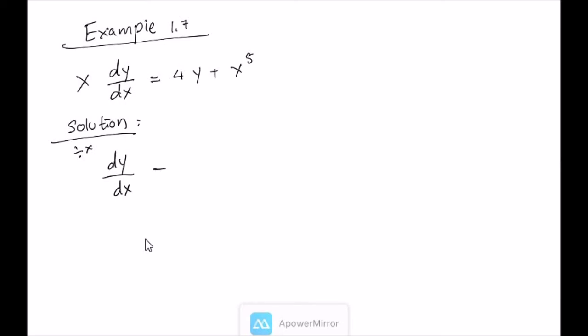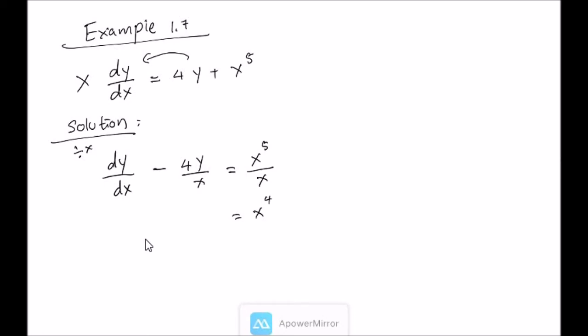Then you bring the 4y to the left hand side, you get negative 4y over x, because divided by x, and then equal to x to the power of 5 divided by x. So here is x to the power of 4.